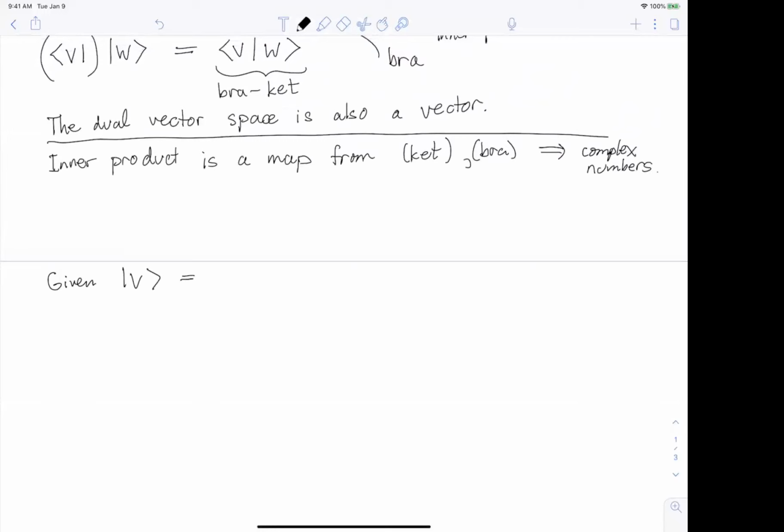Given a bra, I can make a ket out of it. I can talk about it as a map from kets and bras to the complex numbers, or two kets to the complex numbers, or two bras to the complex numbers. But the complex number you get out in the end is always just the same thing. So it's really just introducing some language to describe that fact, that given a ket, you know what the bra is and vice versa. Okay, thank you. Okay.